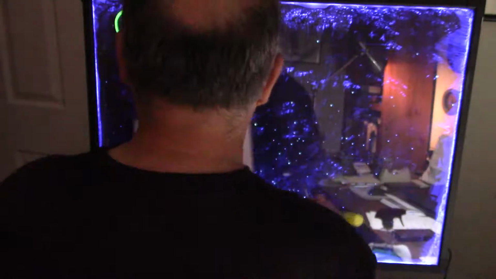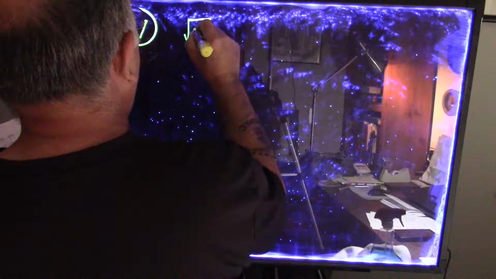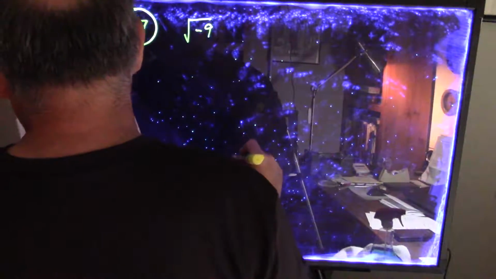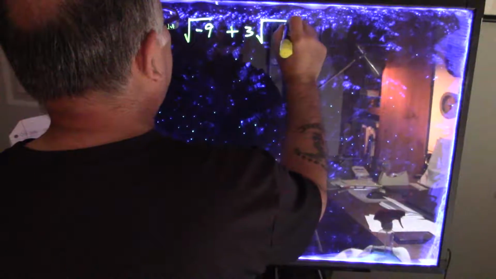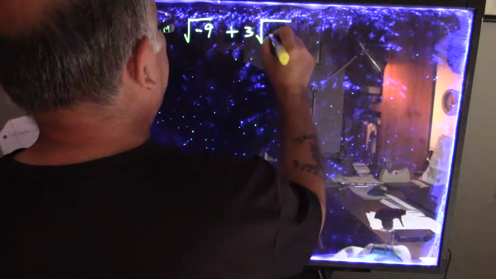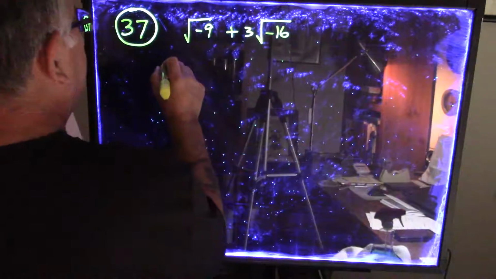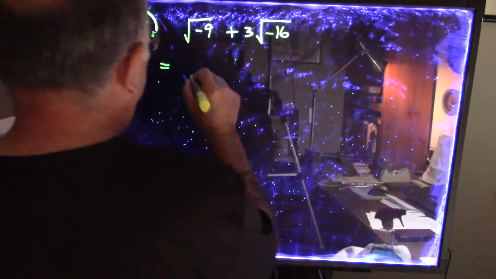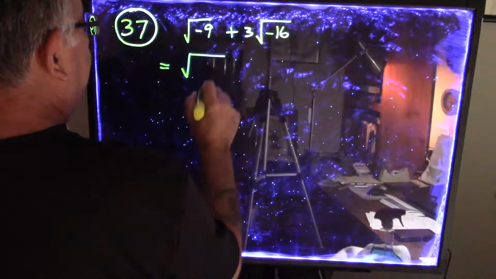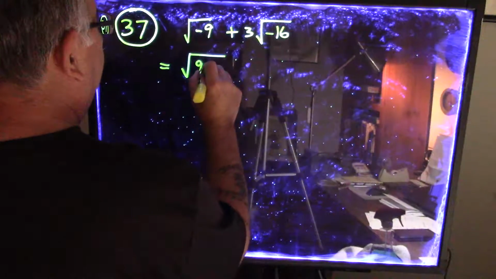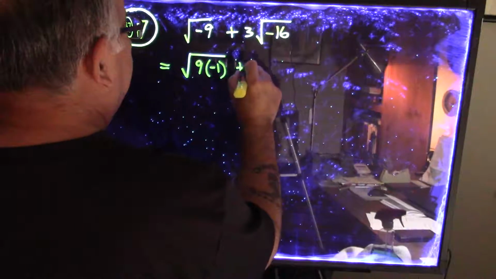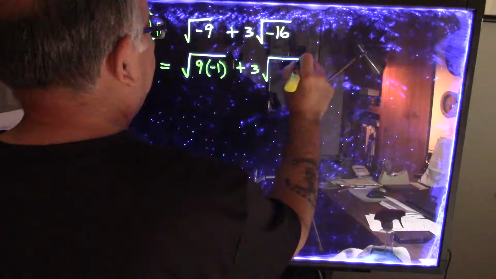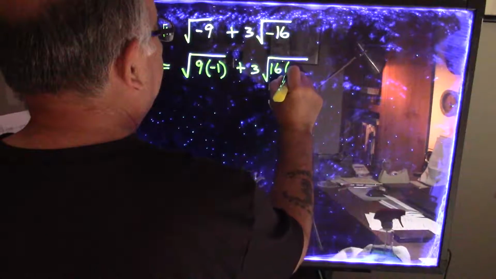Number 37. Square root of negative 9 plus 3 times the square root of negative 16. So that equals, under the radical you can write a 9 times negative 1, that's your negative 9, plus 3 times square root of 16 times negative 1.